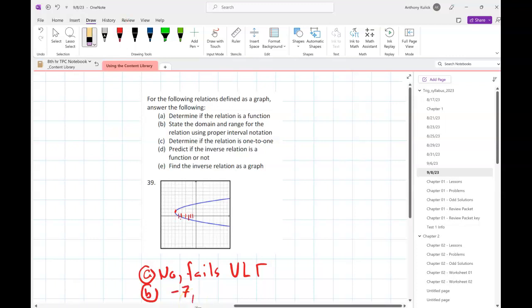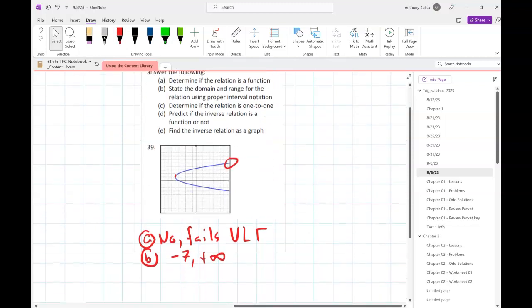And then I'll look at the point furthest to the right. Well, that's going to be the arrow, so that's positive infinity. And since there's actually a point that uses the x-coordinate -7, that's going to get a bracket. And the infinities always get a parenthesis.